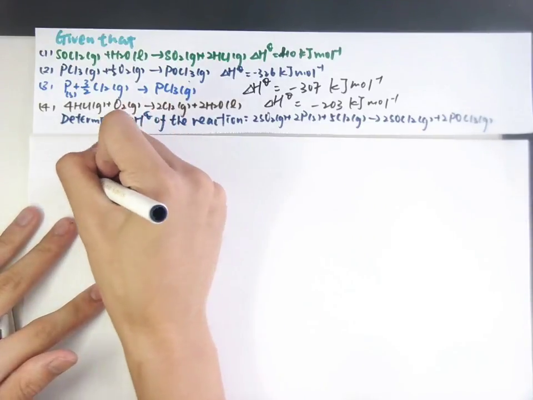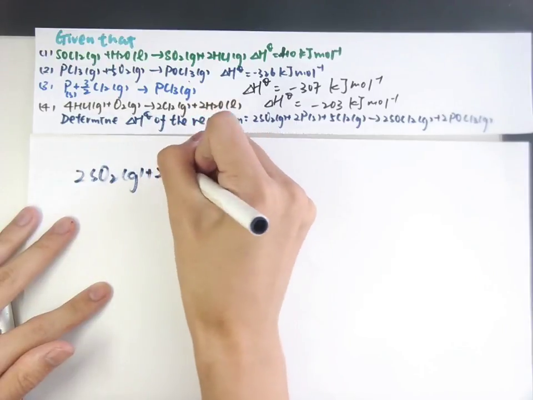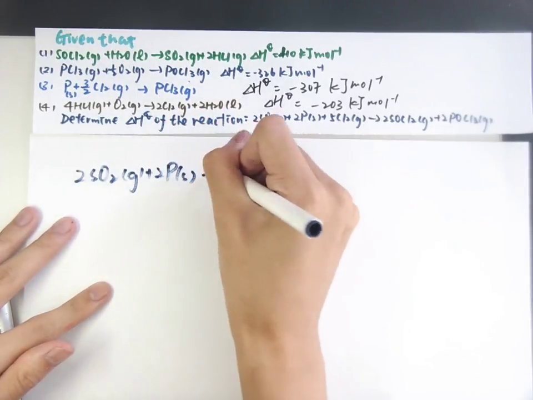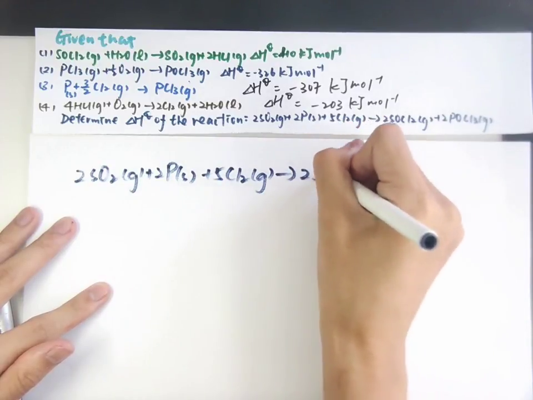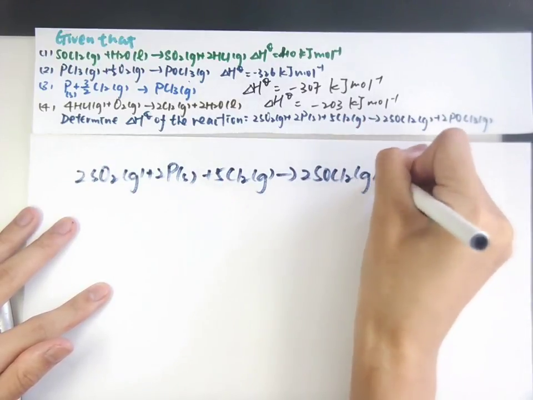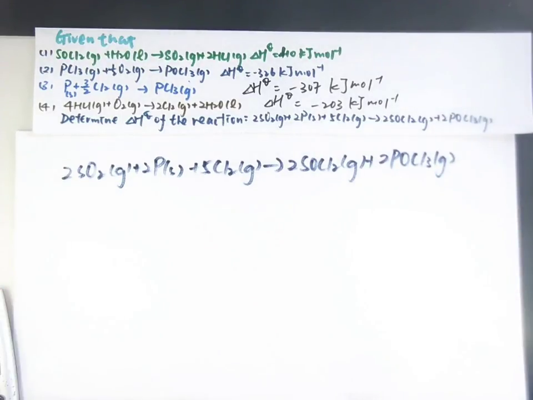2SO2 plus 2P plus 5Cl2 gives us 2SOCl2 plus 2POCl3. Okay, now solve the easier problem first. We solve the problem of forming POCl3.